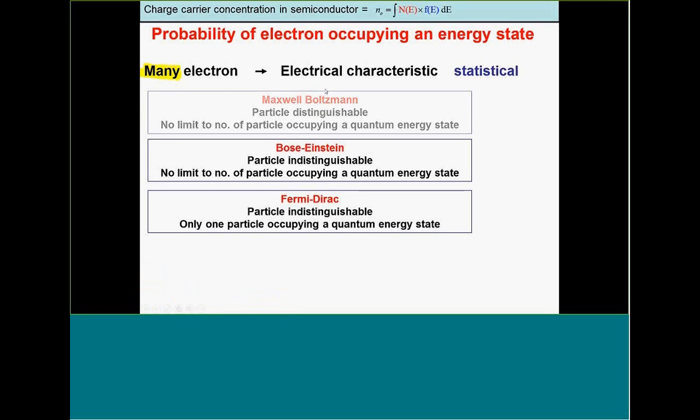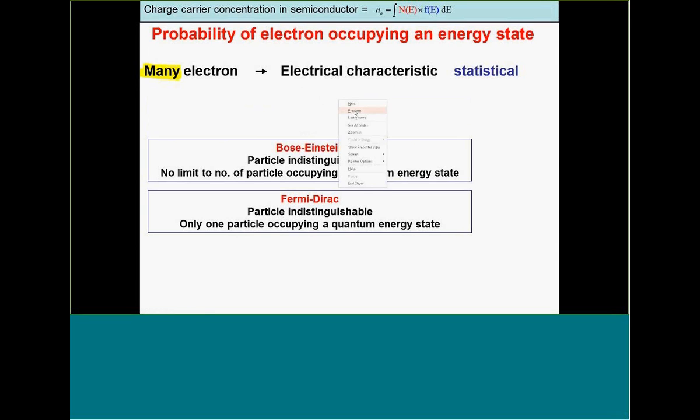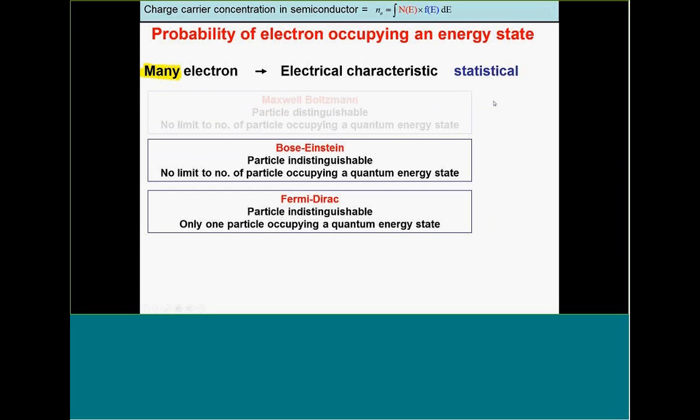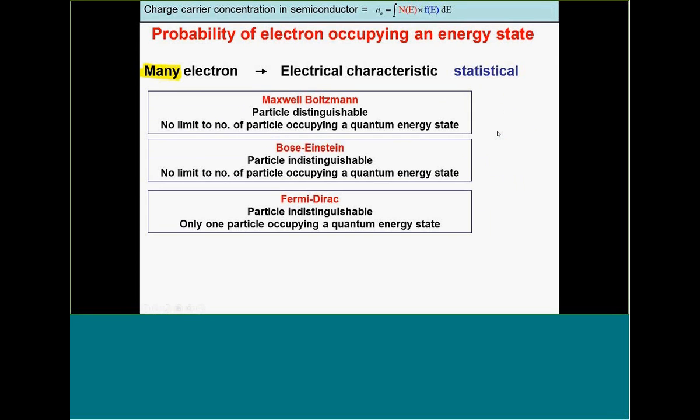So basically, there are three types of statistics that you are able to use. It can be the Boltzmann statistics just now, where the particles are distinguishable and there is no limit to the number of particles occupying a quantum energy state. But we know that electrons are indistinguishable.